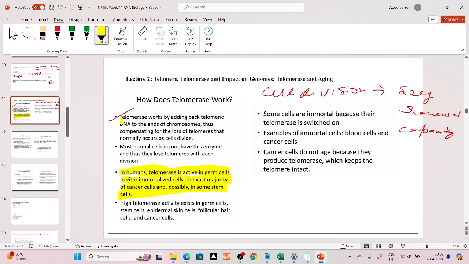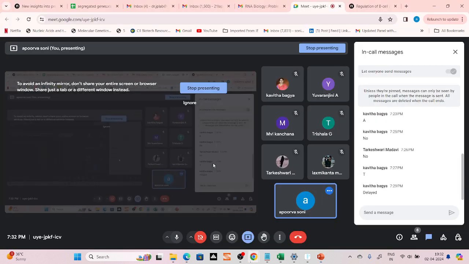Now, why do you think that epidermal skin cells and follicular hair cells, these two cells, have a high telomerase activity? Anybody? Just think randomly.